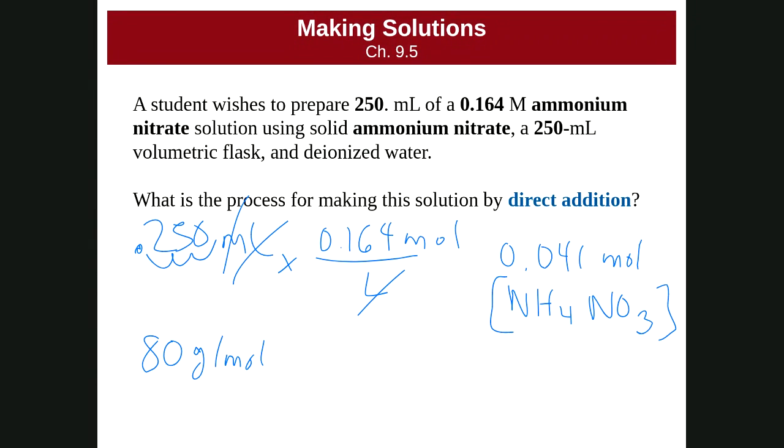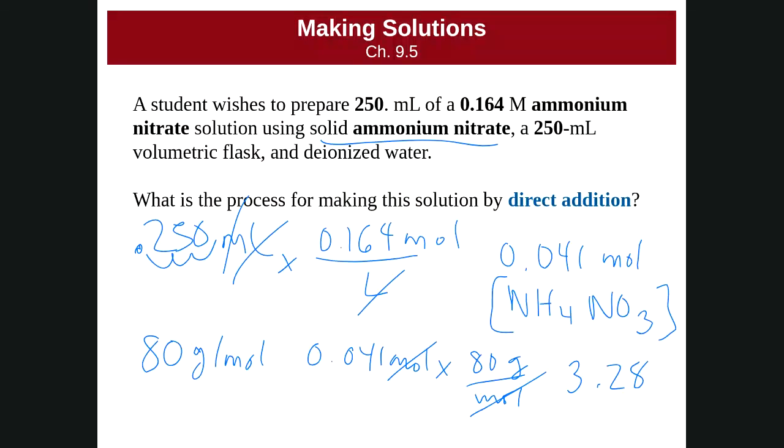So if we want to find out how many grams of solid ammonium nitrate we need to add, we're going to take 0.041 moles and multiply by our molar mass, 80 grams per mole. So we cancel out moles and we end up with 3.28 grams.